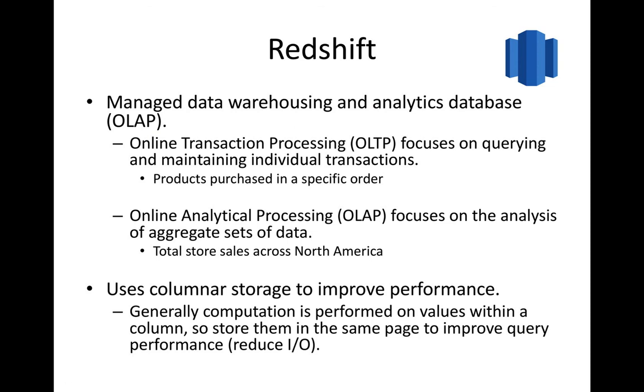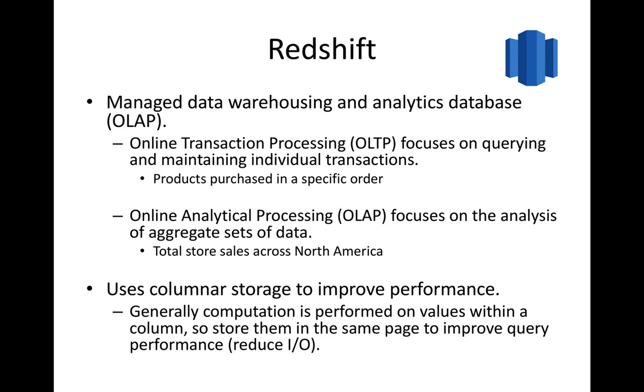Another interesting database option available to us in AWS is Redshift. And Redshift is a managed data warehouse and analytics database. It's what we call an OLAP database. There are 2 general categories of databases out there. We have OLTP databases, which is most of our standard relational databases.